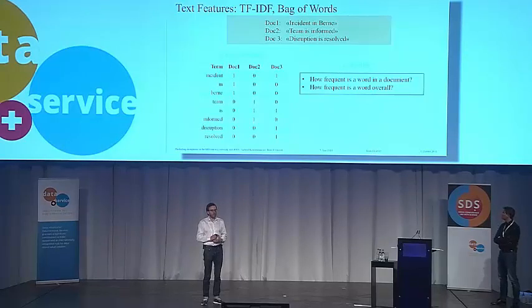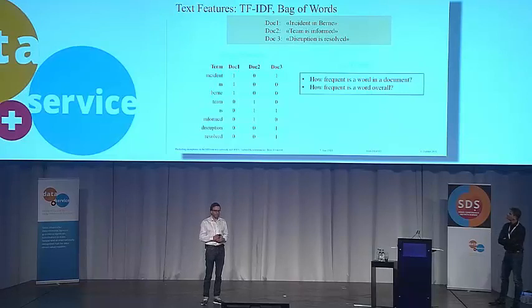We look at how often it appears in other documents as well, and if it's a word that occurs a lot in many documents, we weight the term less. So TF-IDF basically gives you how frequently a word occurs divided by how frequently it occurs in all the documents. Words like "in", for instance, have less importance because they probably occur in all the documents.